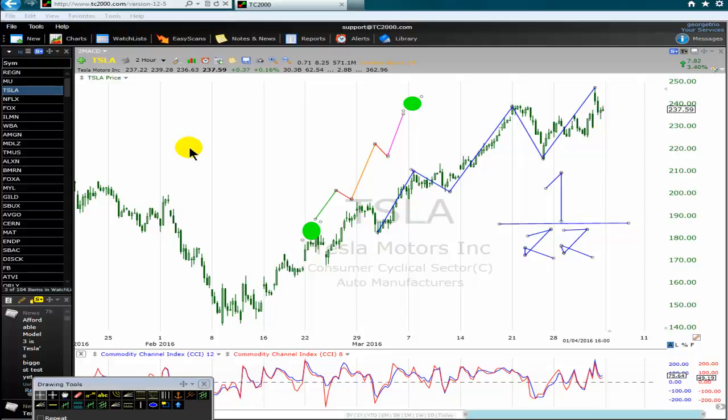So 15 minutes, with a 4-hour time frame to validate your wave count. It works perfectly because we see all the time this correlation between the 4-hour and the 15-minute time frame, but the exact ratio is 1 to 22.